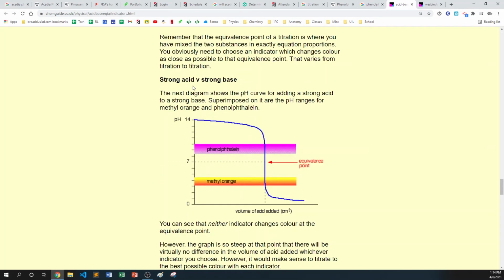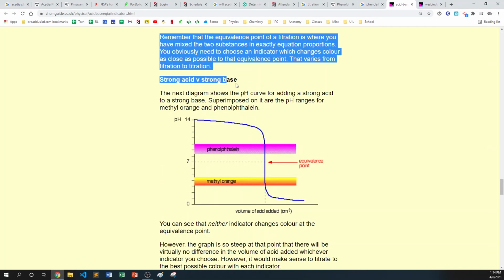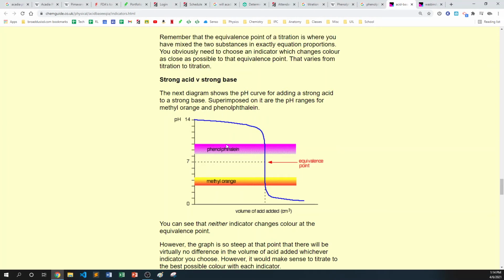So if you're mixing a strong acid with a strong base, phenolphthalein is very bright purple in this range, or very bright pink. So if you have a strong base that's between 8 and 10, then your solution will be extremely bright pink.